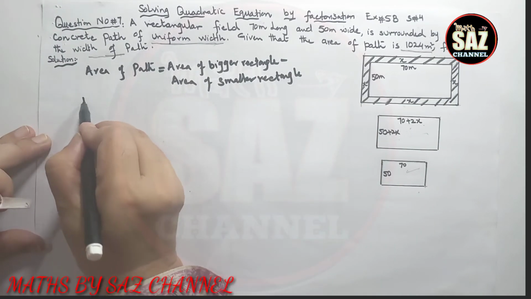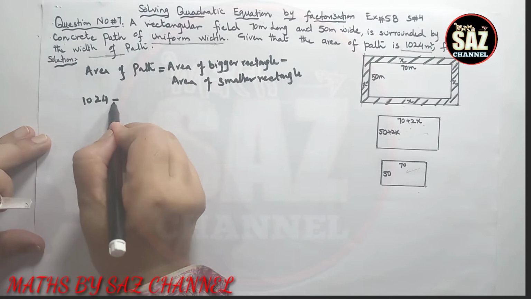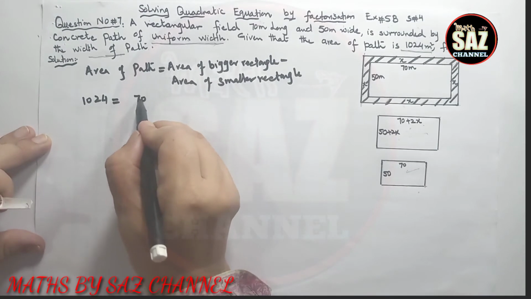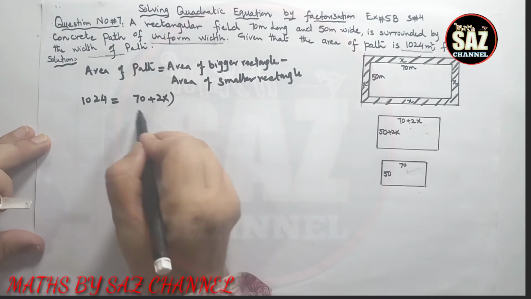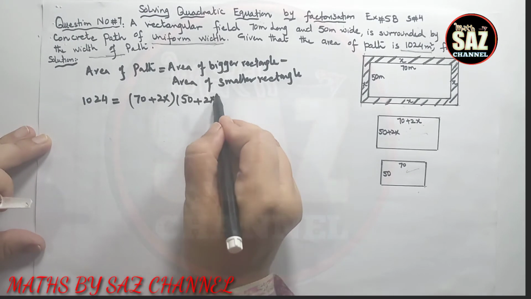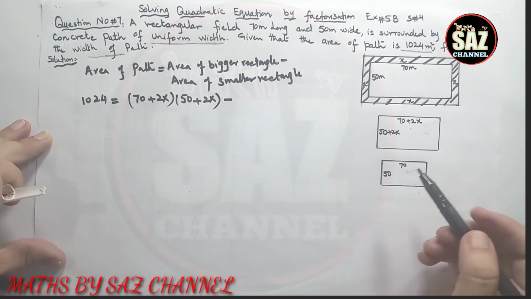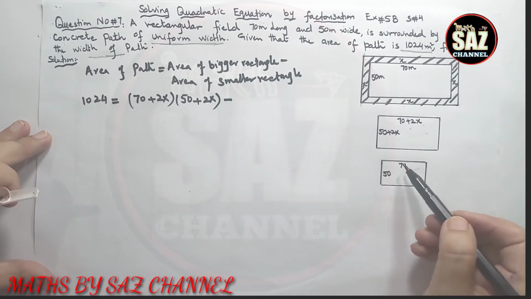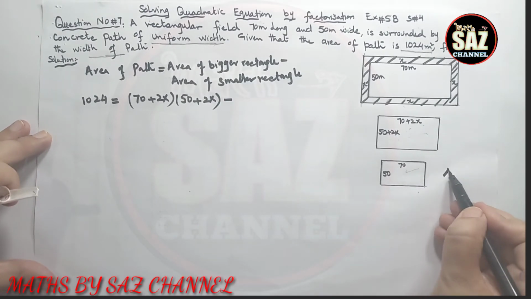Now this 1024 will be equal to 70 plus 2x into 50 plus 2x minus, and the formula for the area of a rectangle is length multiplied by breadth.